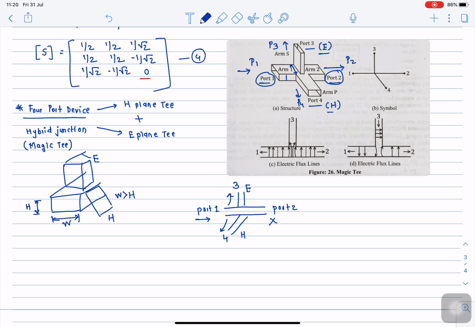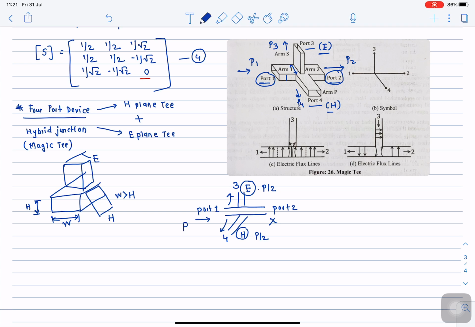The power at the electric arm and at the magnetic arm are exactly P by 2, that is, exactly halved. The signal from the electric arm has negative, or opposite, polarity with respect to the signal from the H arm.